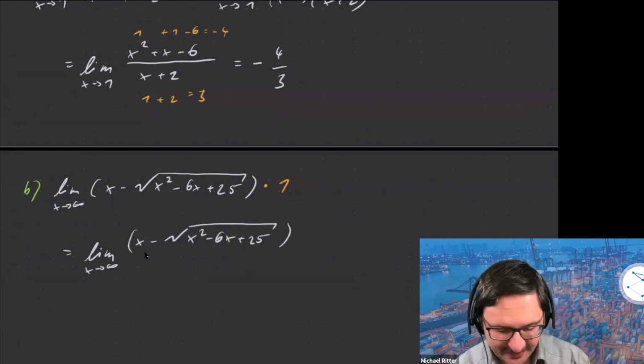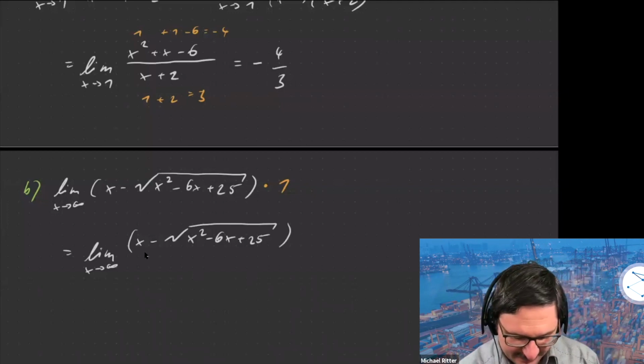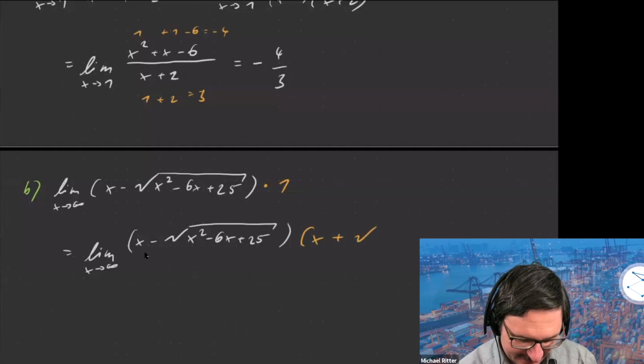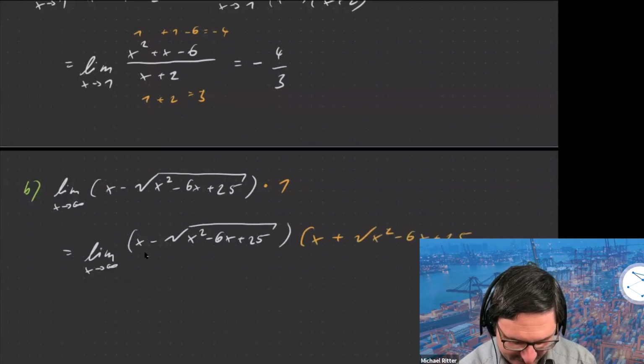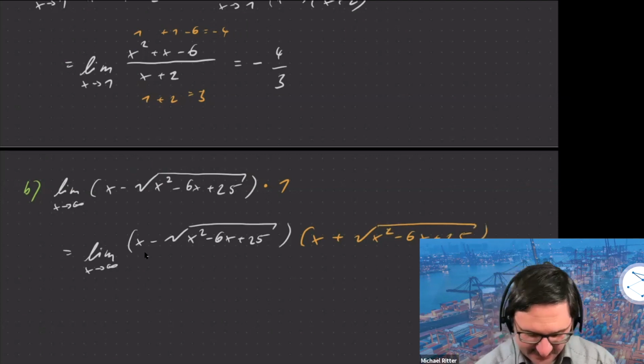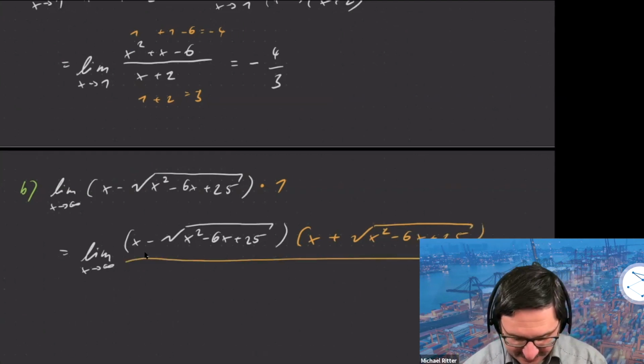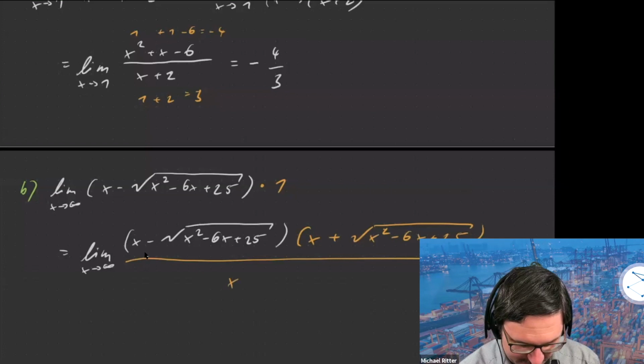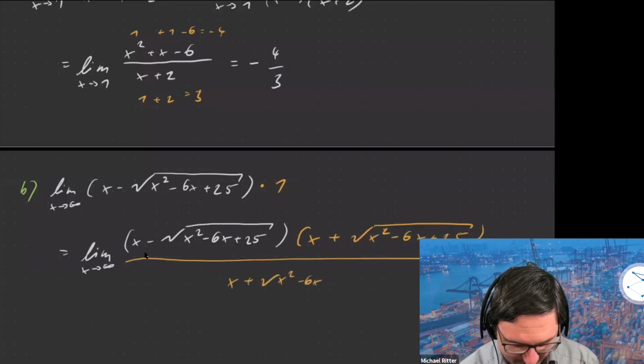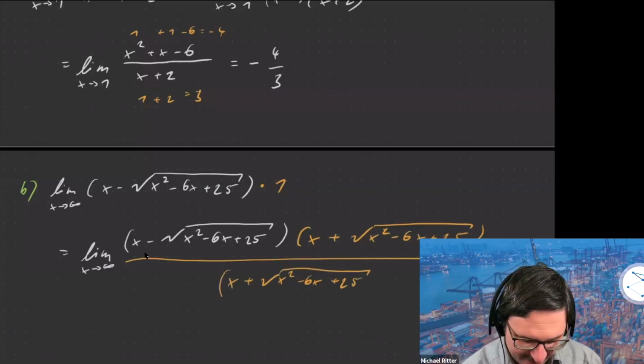So we take this factor here, and then instead of 1, we just write x plus the square root of x squared minus 6x plus 25. So we basically copy that expression and then divide by that expression so that we could cancel that out. And that's what I mean by writing 1 in a more complicated, complex way.